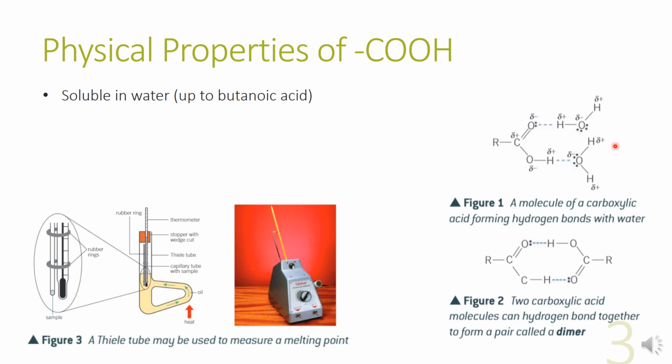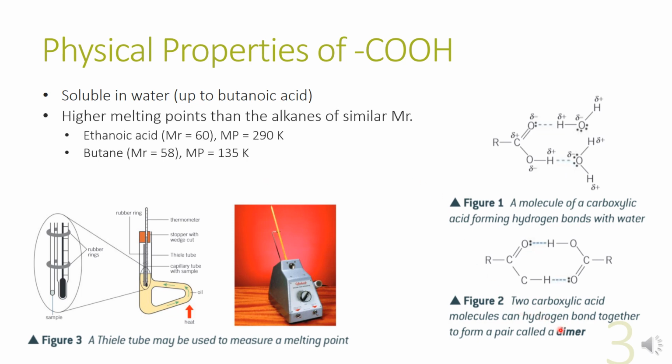Because there will be attraction with the water molecules, by the hydrogen bonds formed between the lone pair of oxygen in the acid and the hydrogen atom of the water molecule. It also can form a dimer molecule. So two carboxylic acids are bonded together by hydrogen bonds, forming a dimer.